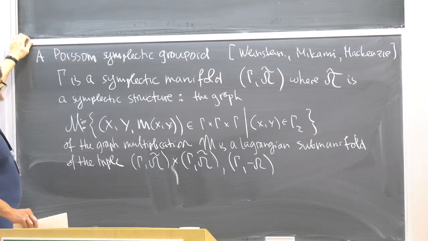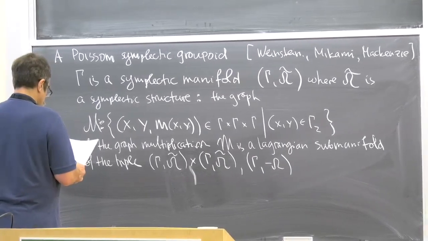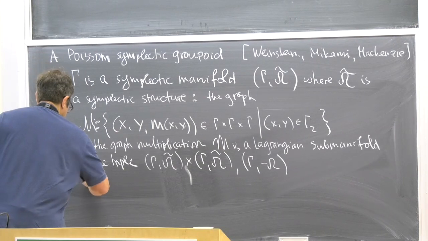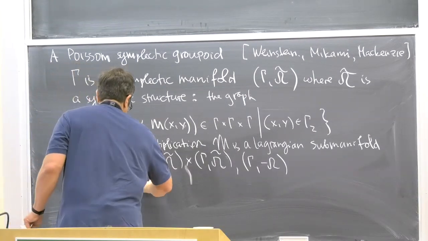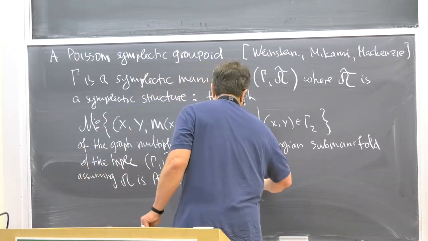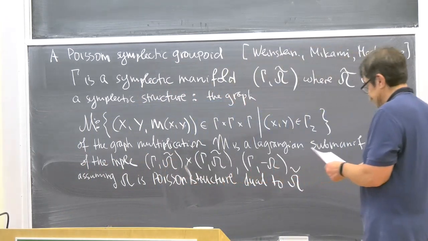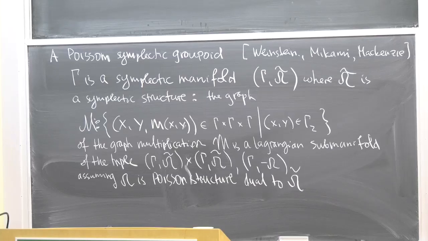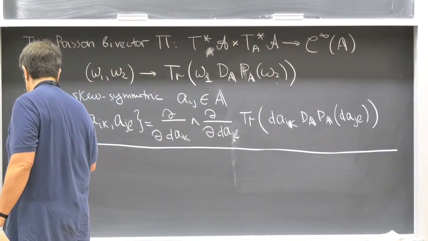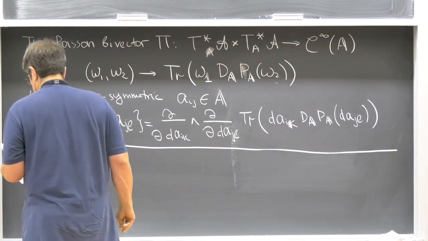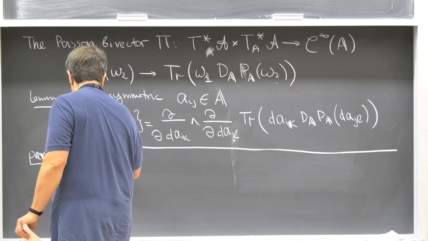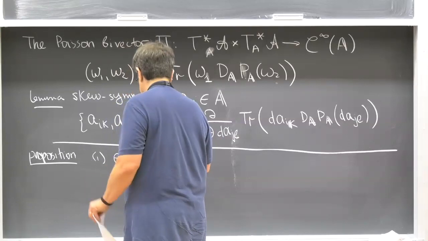So assuming that we have the corresponding Poisson structure, omega is the Poisson structure dual to omega twiddle with some conditions of course, invertibility and so on, we have the following statement: a proposition by Mikami and Weinstein, in the paper of, I think, 88, is that first, E of Gamma naught is a Lagrangian submanifold.